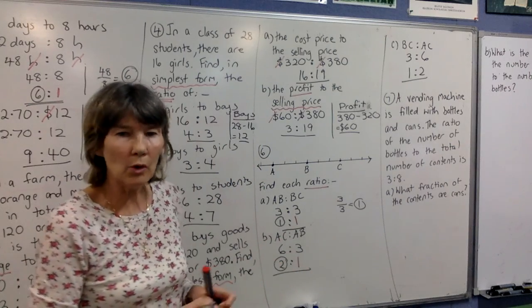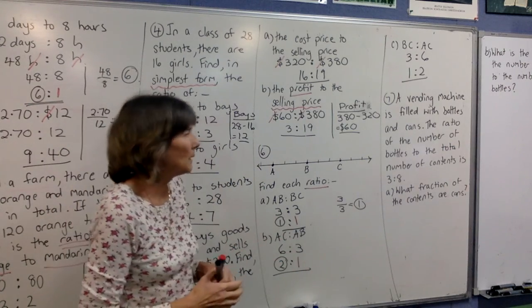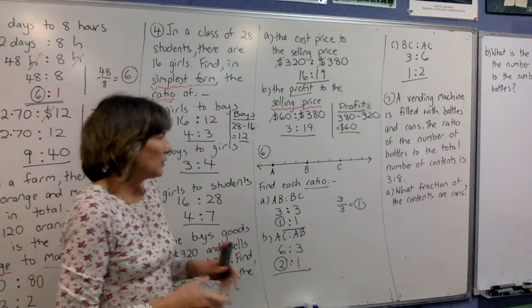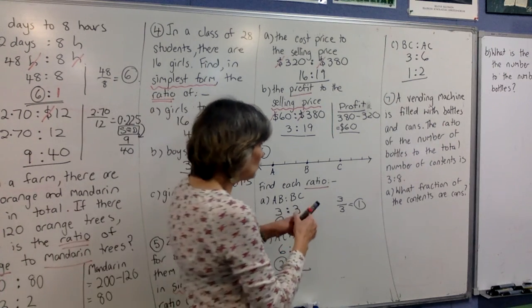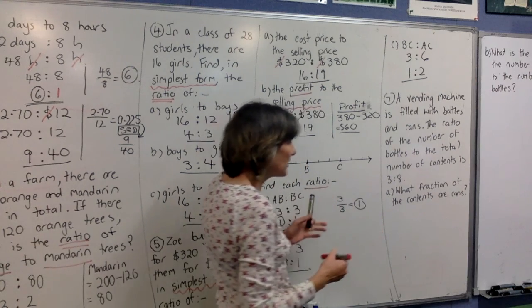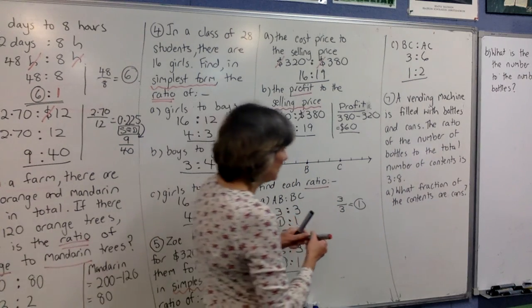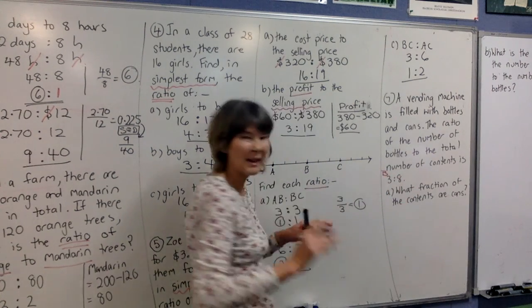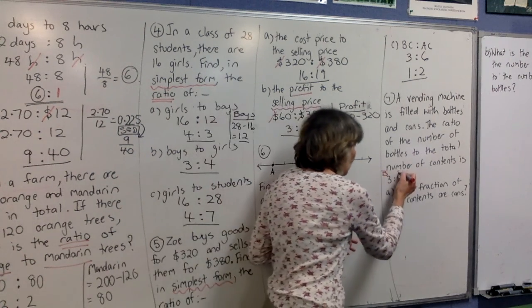Okay, we're doing one more question, one more word problem. A vending machine is filled with bottles and cans. The ratio of the number of bottles to the total number of contents is 3 to 8. So this first number is bottles, and the second number is the total of what's there.